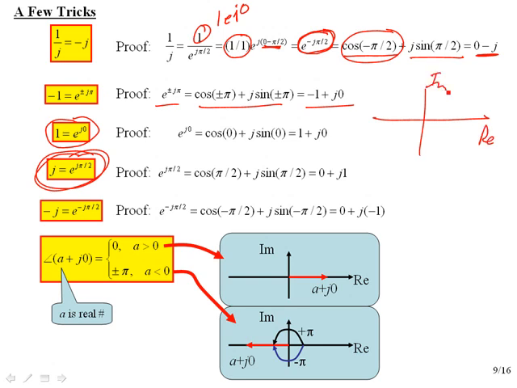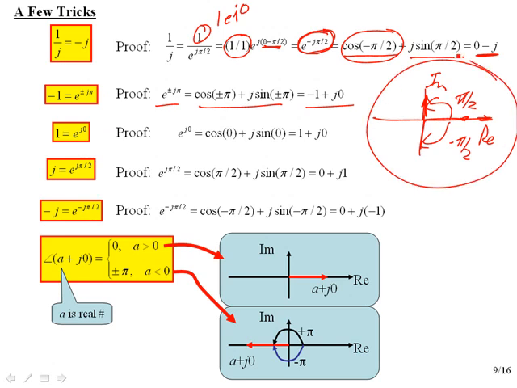Here's the real and imaginary. So 1 is over here. It's at an angle of 0 with respect to the real axis. J is up here. It's at an angle of pi over 2. Minus j is down here. It's an angle of minus pi over 2. So none of these really have to be memorized. They all can be visualized from this figure. And that's what I would encourage you to do.